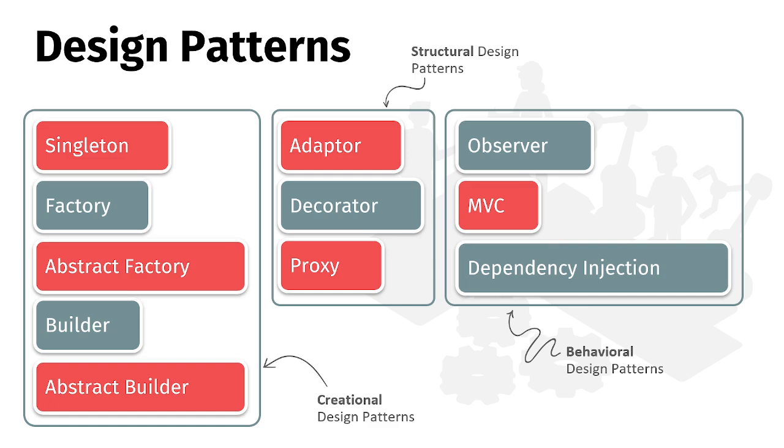Whenever there is a need, you have to implement a suitable pattern to avoid such problems in the future, right? As I said, it is a general reusable solution for common problems that occur in software design. It typically shows relationships and interactions between classes and objects.